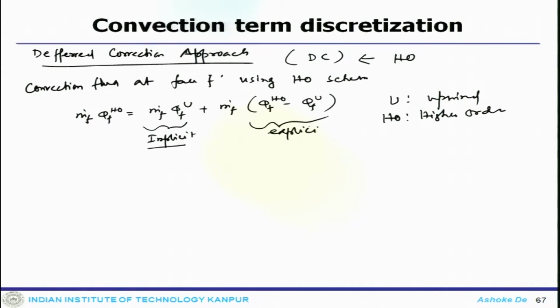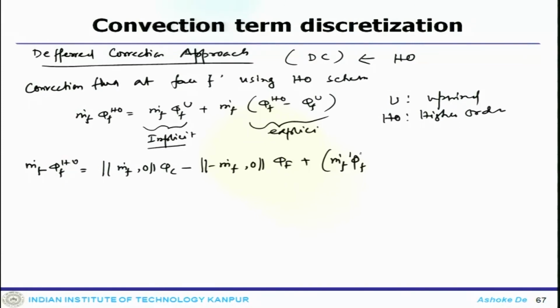While doing that, one can express m dot f phi f upwind as m dot f zero phi c minus m dot f zero phi f, plus m dot f phi f HO minus m dot f zero phi c plus m dot f zero phi f.